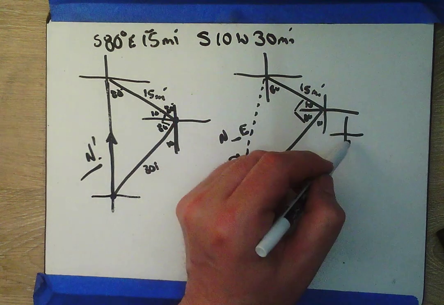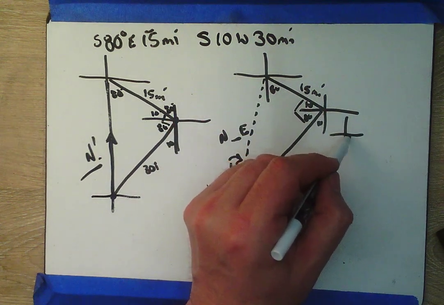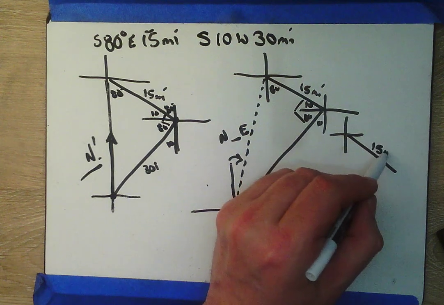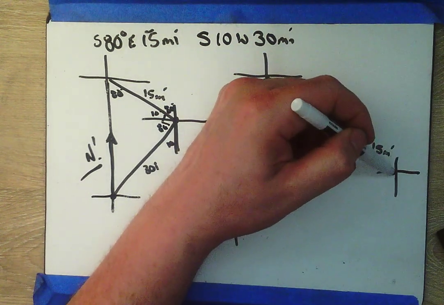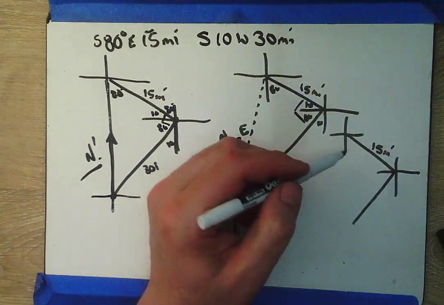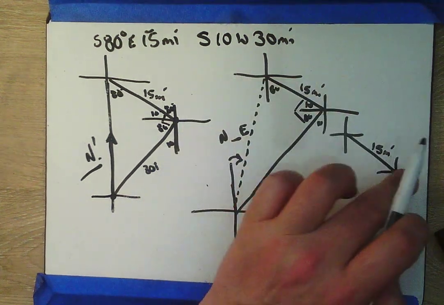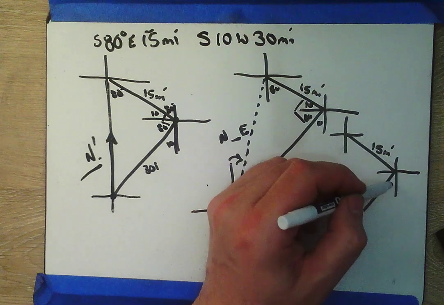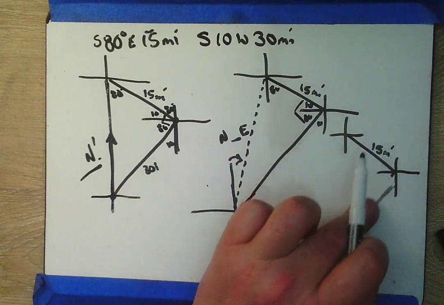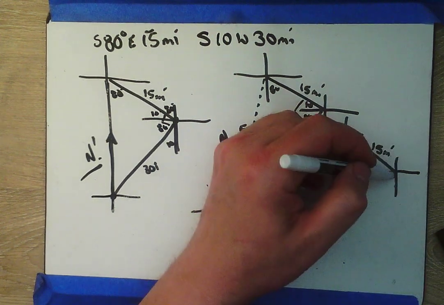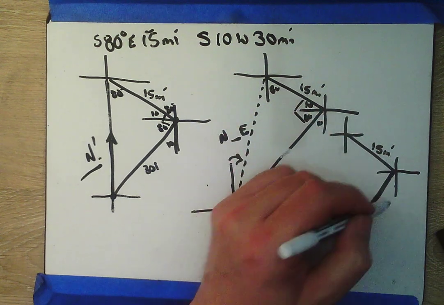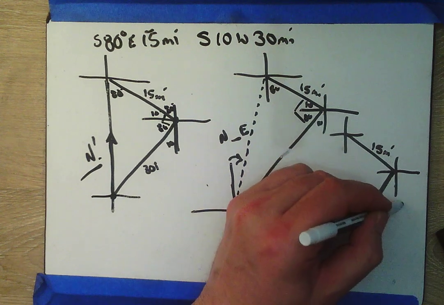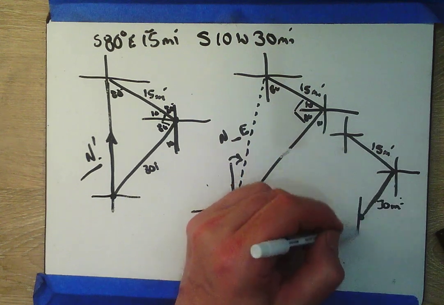And still, I've seen a third student draw this picture this way. They also head south 80 east for 15 miles. They draw their compass rose, and then they go 30 miles. This is 10. This is too steep. And that brings them to here.